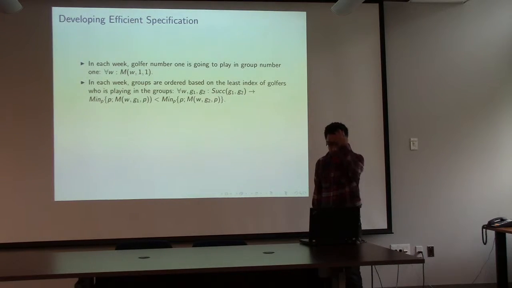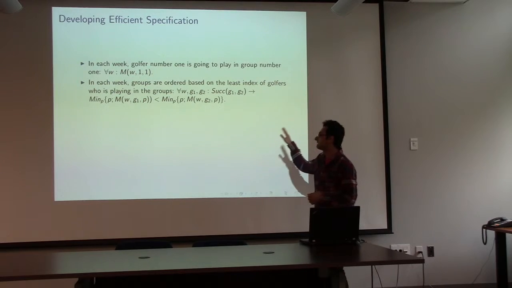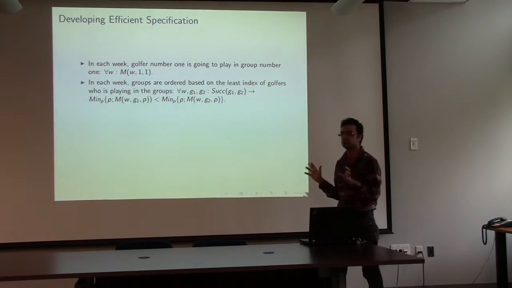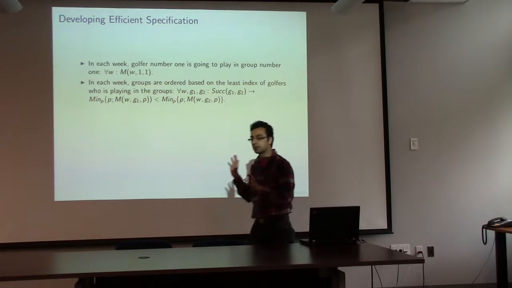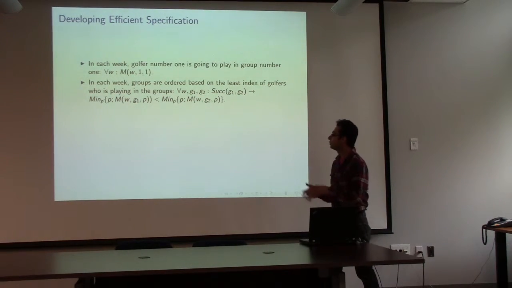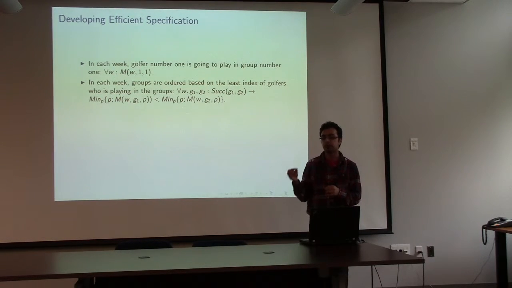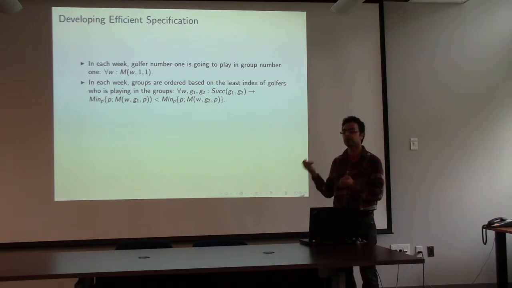There are some optimizations that are easy to see, but I'm just describing them, not going into details. For example, we can say that the groups can be ordered for a given week, based on the index of the minimum player in the group.